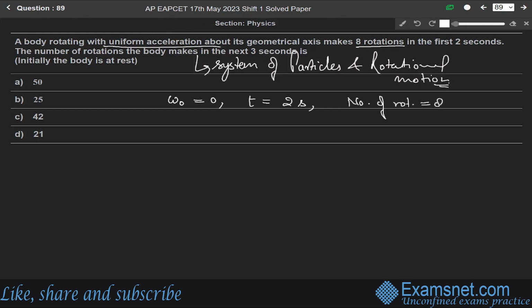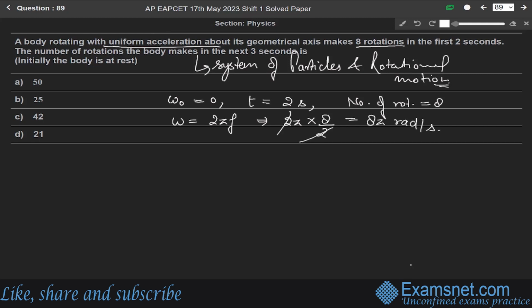As we know that omega equals 2 pi f, and f is inversely proportional to time, so it will be equal to 2 pi into 8 by 2. Since the number of rotations in 2 seconds means the frequency will be 8 by 2, it will be equal to 8 pi radian per second.